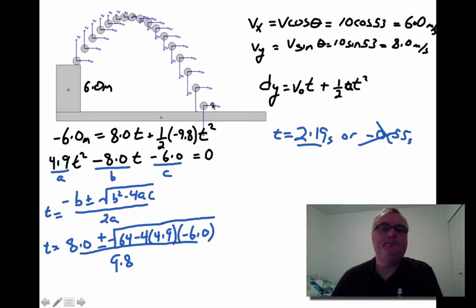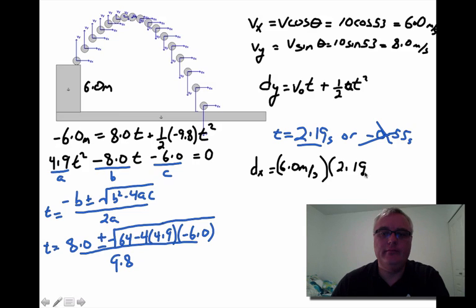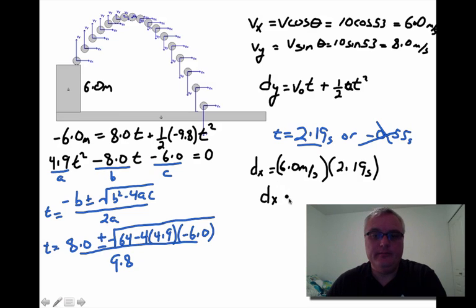So I've determined the time, and just like before, what I was interested in finding was the horizontal displacement. So now I can take Vx, which was 6 meters per second, multiply that by my time, which I've just calculated, 2.19 seconds, and I end up with a horizontal displacement of 13 meters.